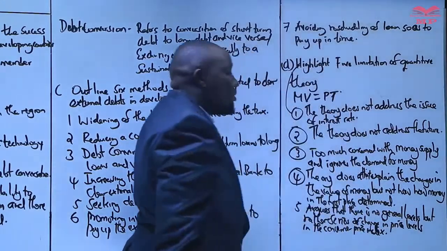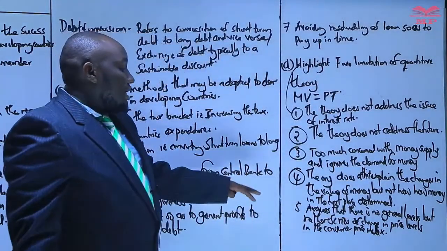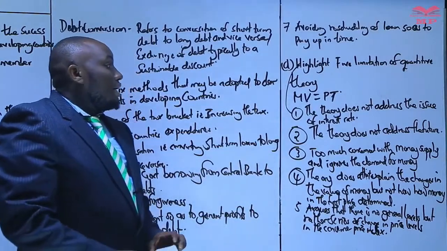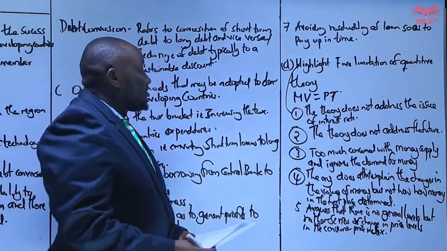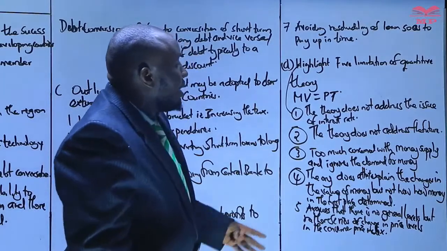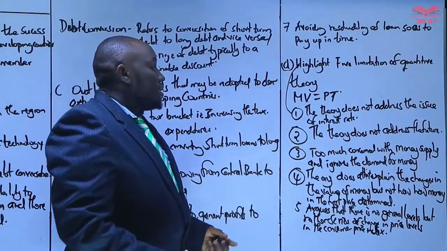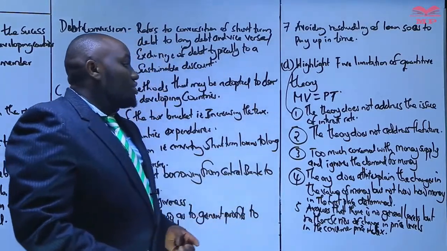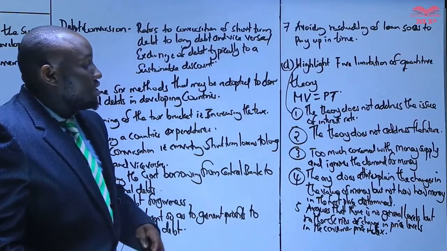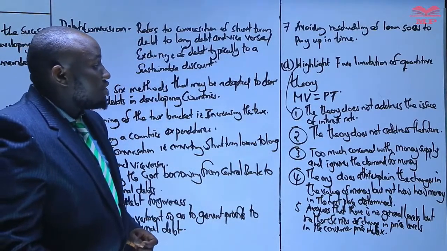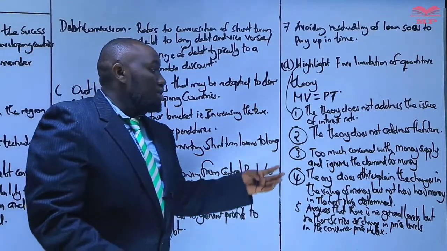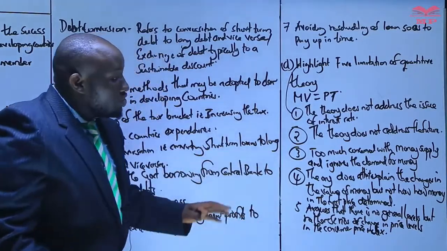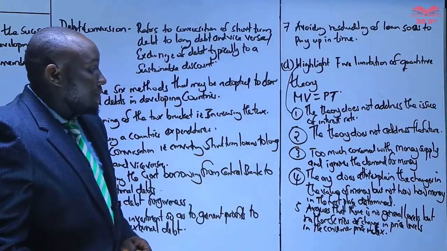So those are basically some of the limitations attached to the quantitative theory of money. One, we've talked about that it does not address the issues to do with interest rate. We also know that it does not address the future. We also understand that it is too much concerned with money supply and ignores the aspect of demand for money.